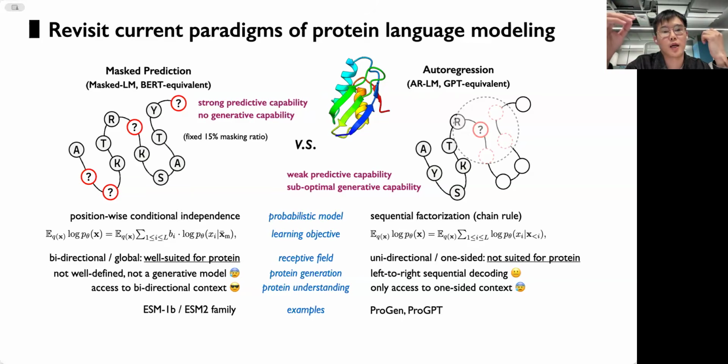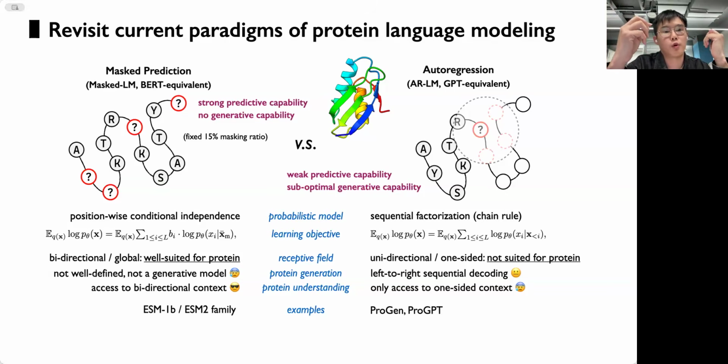It's like the famous quote from Richard Feynman: "What you cannot create, you do not understand." You understand the data better by learning to create it. So this is the summary of our protein masked language model.